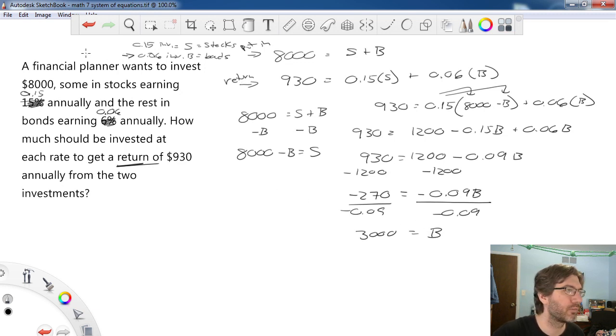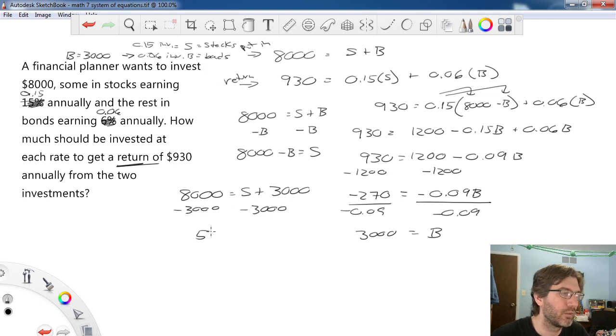So B equals 3,000. You're going to invest 3,000 of your $8,000 into the bonds, and then the rest of it will go into the stocks. So you can plug it back into your original equation, which is the 8,000 equals S plus B, which you know is 3,000, and subtract 3,000 from both sides, and you get 5,000 equals S, which is the remainder of that 8,000. So here, S equals your $5,000.